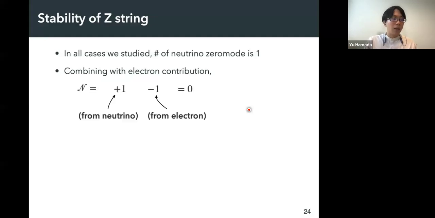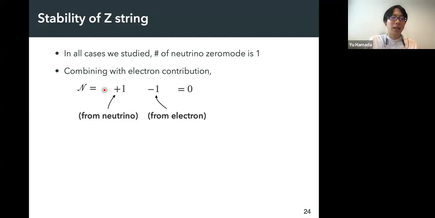So far I have considered some extended models: type 1, type 2, and the hybrid. But in all cases, the number of the neutrino zero modes is 1. That means the topological invariant N is equal to 1.